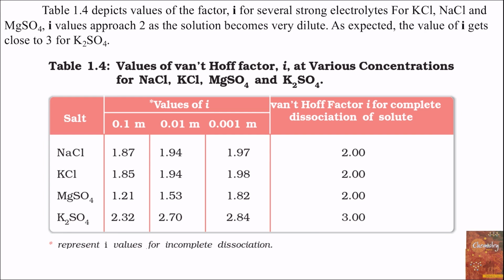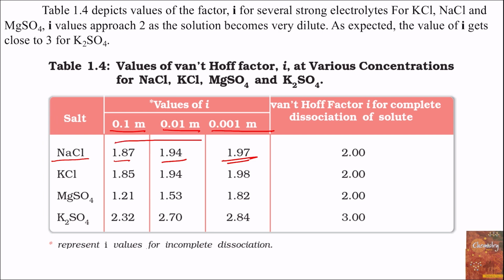Now value of i increases as the solution becomes dilute. For example, in case of NaCl, for 0.1 m solution, value of i is 1.87. For 0.01 m solution, the value of i is 1.94. For 0.001 m solution, value of i is 1.97.